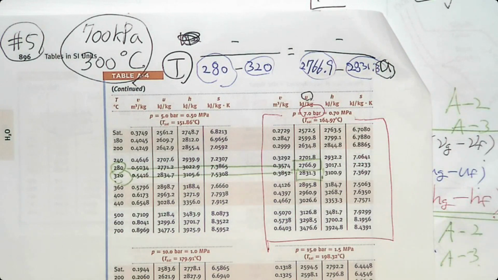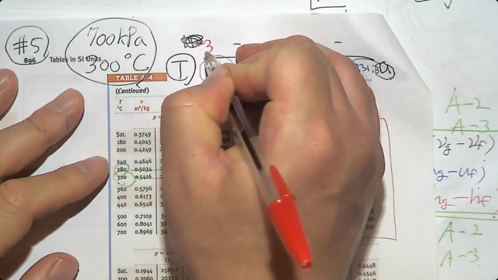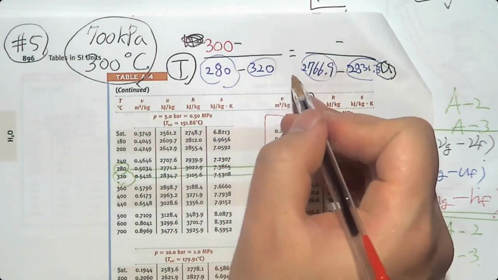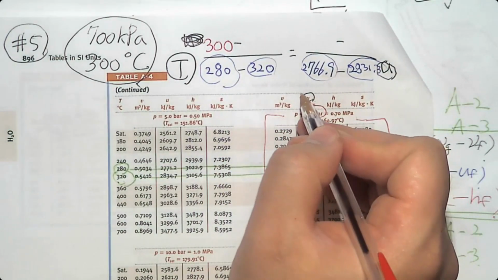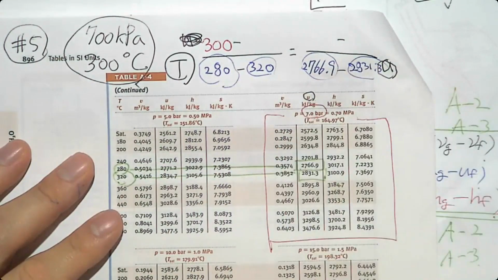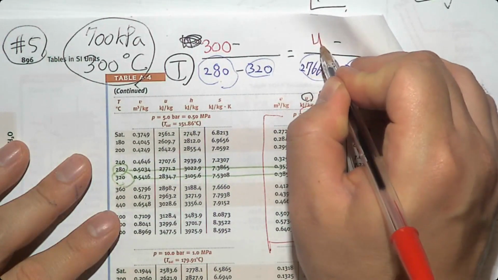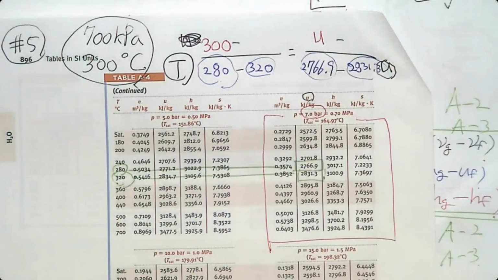now, what is the temperature at which we want to evaluate U? 300. So I'm going to write 300 here, top left on the left-hand side. And the unknown U at 300 should be in the same location on the right-hand side, top left. So this is the unknown U. If you solve this equation, you get U at 300.